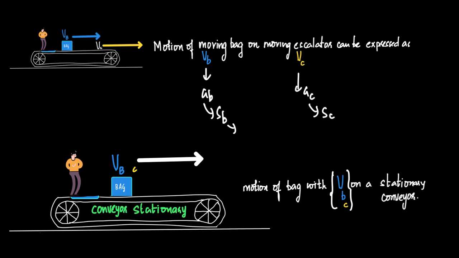So you will have three equations of motion for Vb and Vc. So 3 plus 3, total 6 equations. So the calculation becomes really complex. Whereas here all you need is one equation, by replacing velocity with relative velocity of bag with respect to conveyor. So solving one system using 6 equations versus solving one system using just one equation. That's the difference when it comes to using the concept of relative velocity.